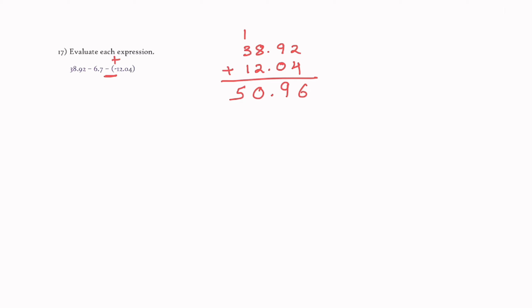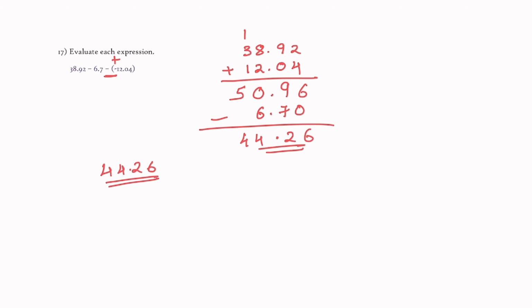And now we have a negative number and I'm subtracting. So this is no more chaos here. That's 6, 2, and 50 minus 6 is 44. So the answer is 44.26 and it's a positive one because the larger number here was a positive one.